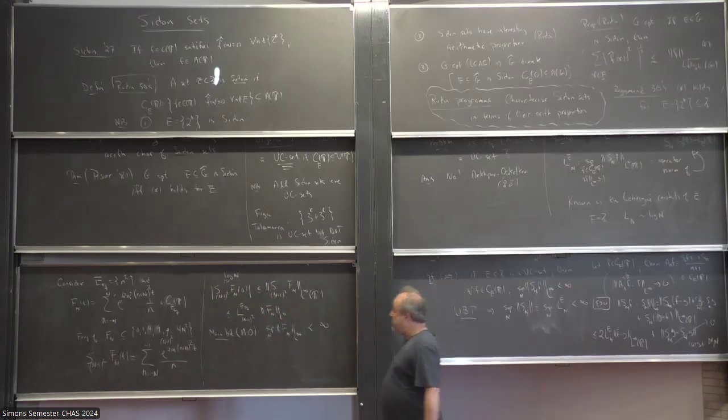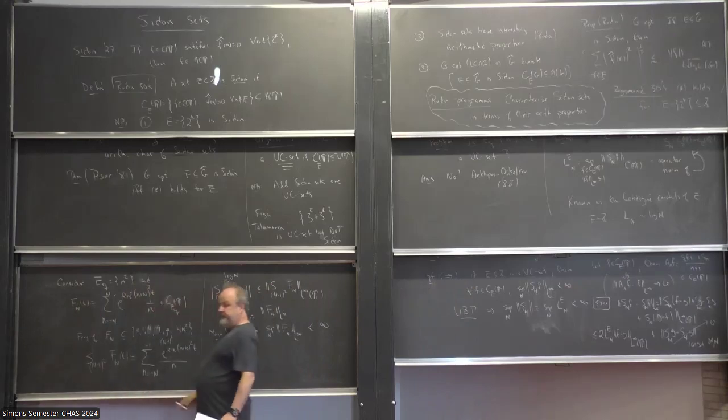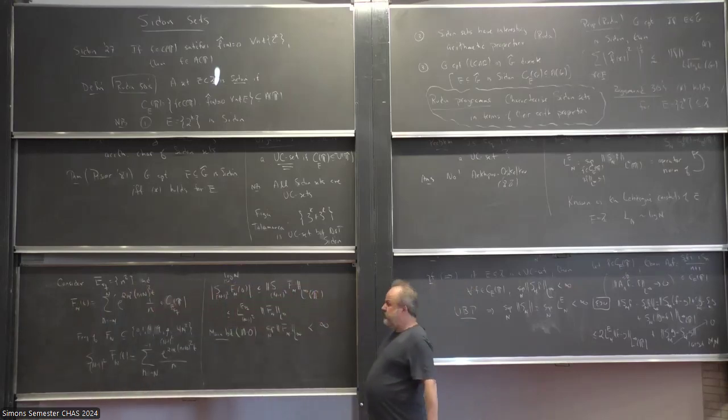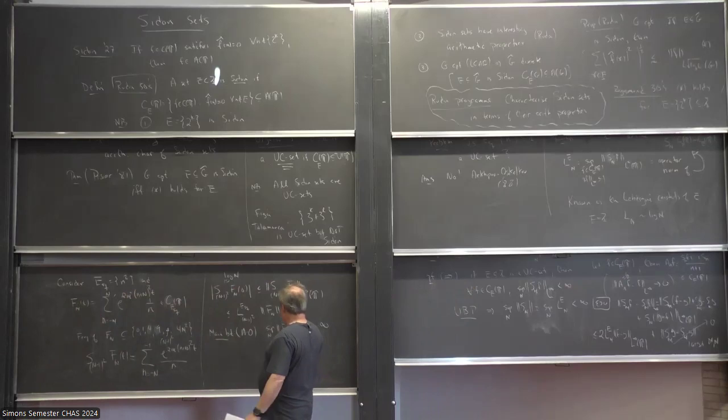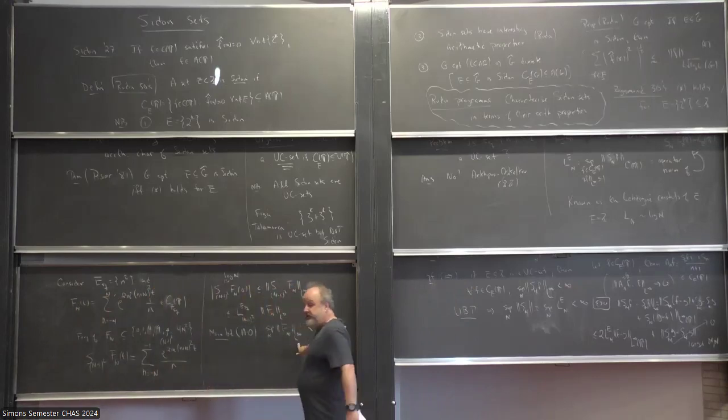So when I take the absolute value here and take the supremum, it's uniformly bounded in capital N and in t. T is the infinity group. And so this implies that this is uniformly bounded.